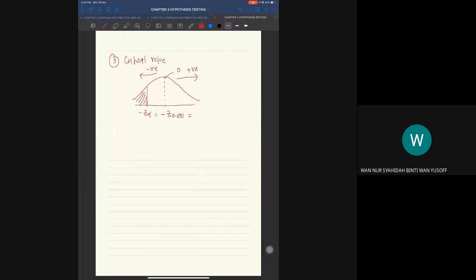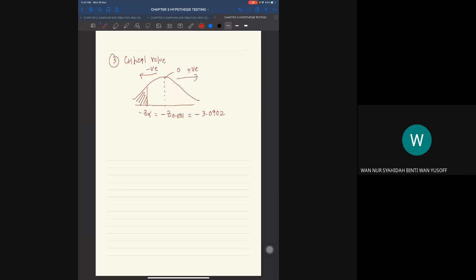Find your statistical table. For 0.01, in table 4, we have 3.0902, so negative 3.0902.